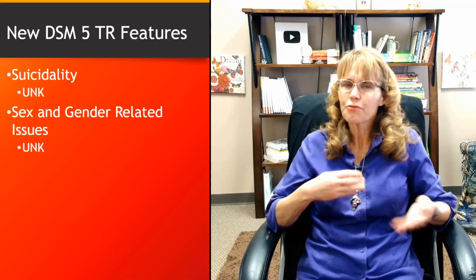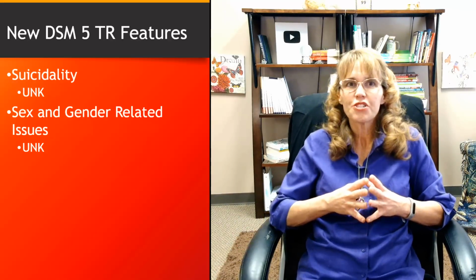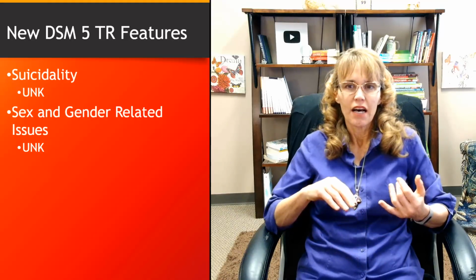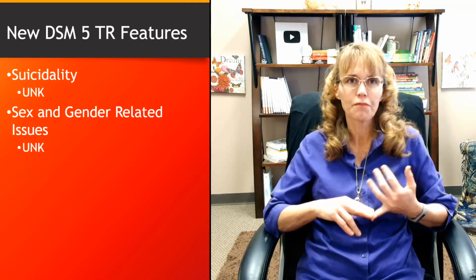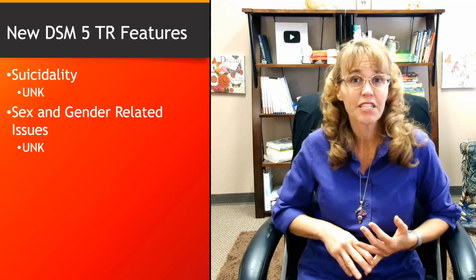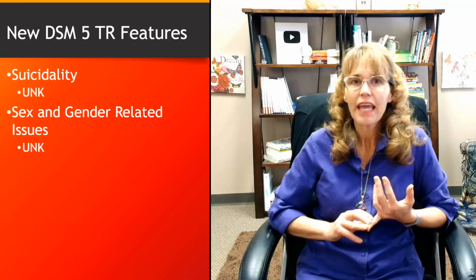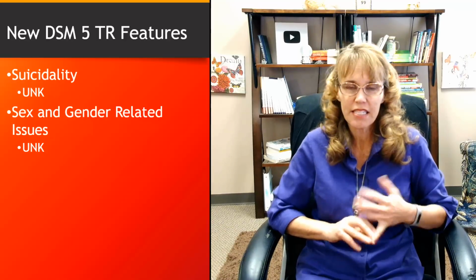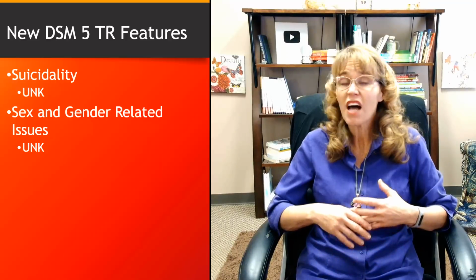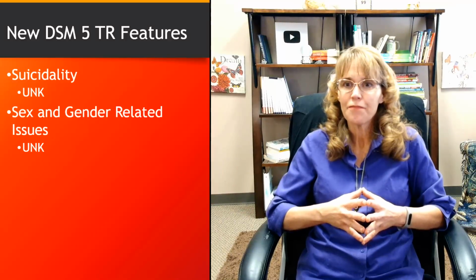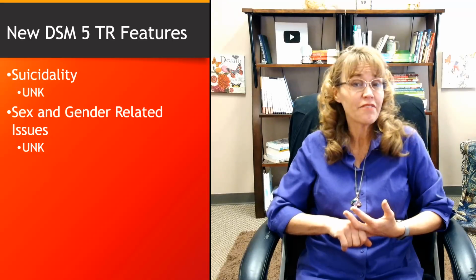Interestingly, one of the reasons they put out this new DSM-5-TR was to highlight differences or whether the particular disorder was associated with higher levels of suicidality. It wasn't even mentioned. This diagnostic set was not even addressed. Sex and gender related issues were also not even addressed.